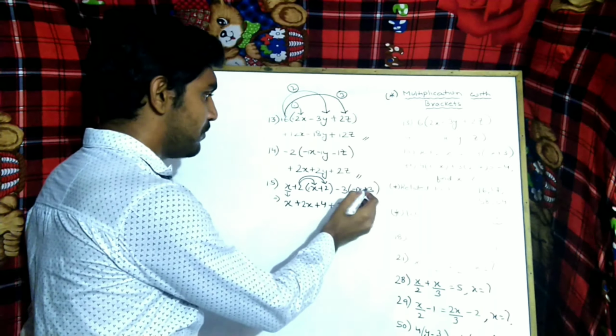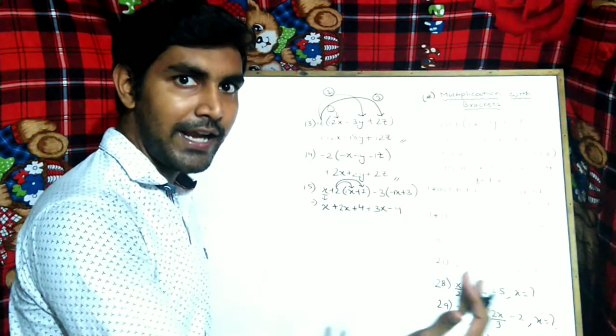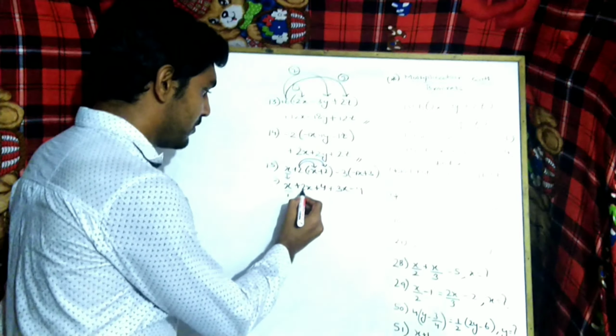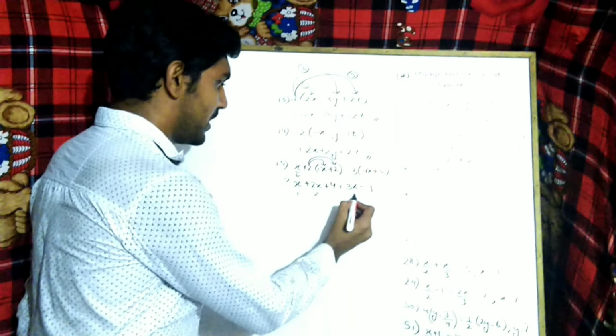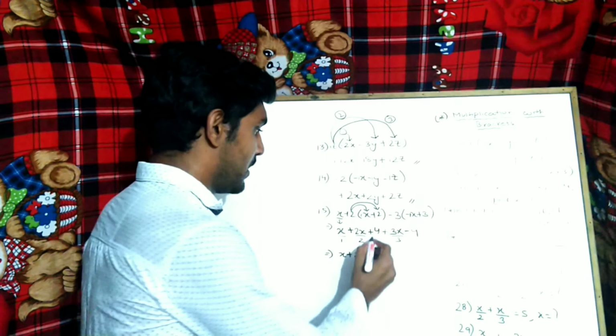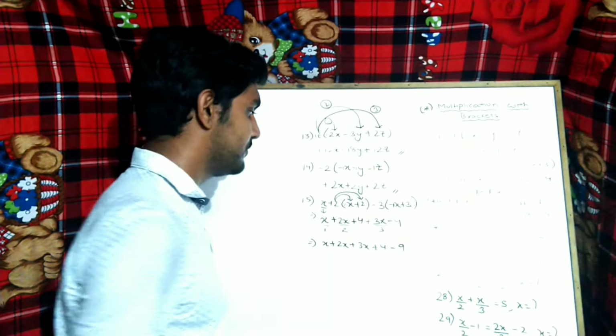Clear? But from here onwards you have to separate numbers on one side and variables on one side. So how many variables? 1, 2, 3. Three variables are there. So separate: x plus 2x plus 3x. Now plus 4 and this is minus 9.